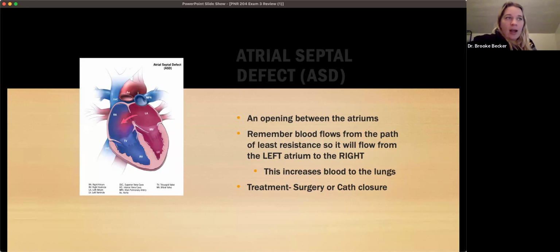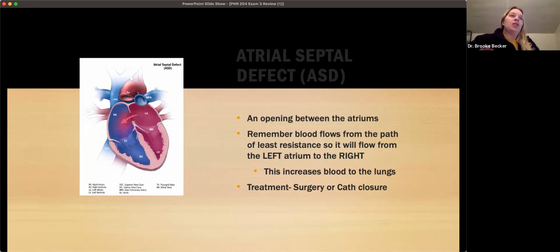Is it an acyanotic lesion or a cyanotic lesion? Acyanotic. Yep, because it's circulating more blood flow to the lungs. That is correct. It's treated by surgery, or they can go in with a cardiac cath and do the closure via the cardiac cath at times, if it's not a large defect.